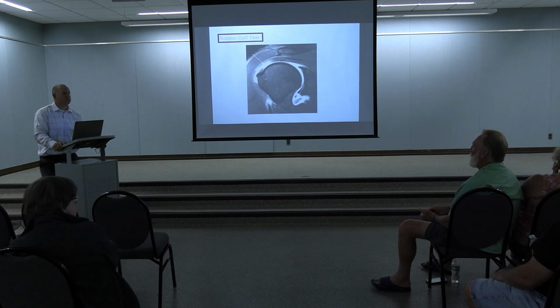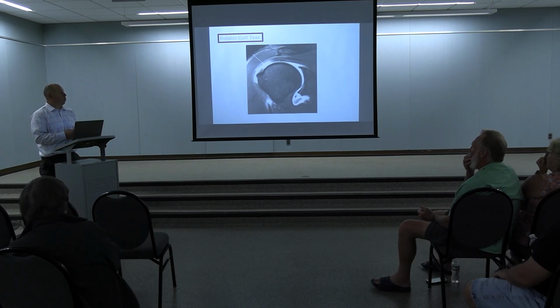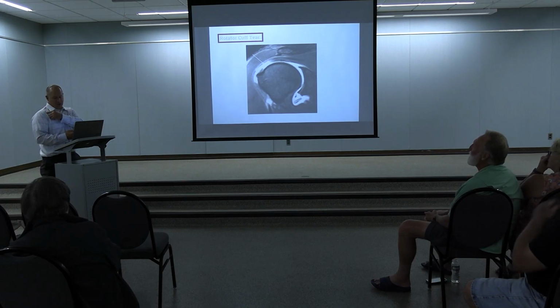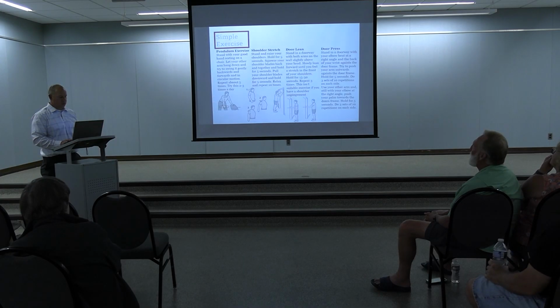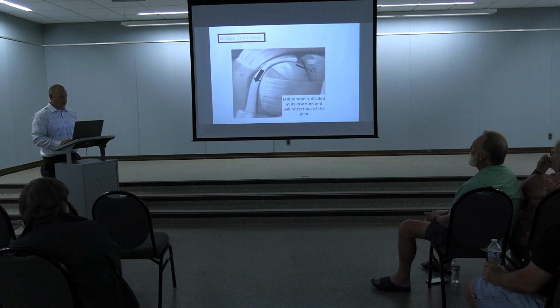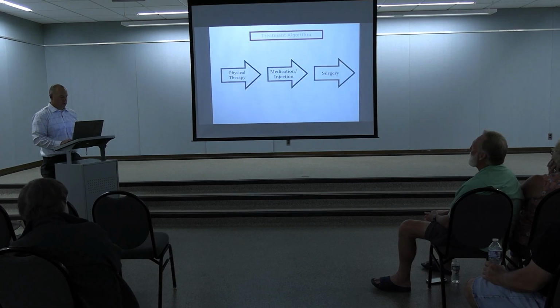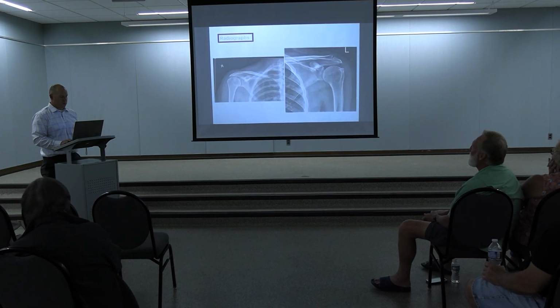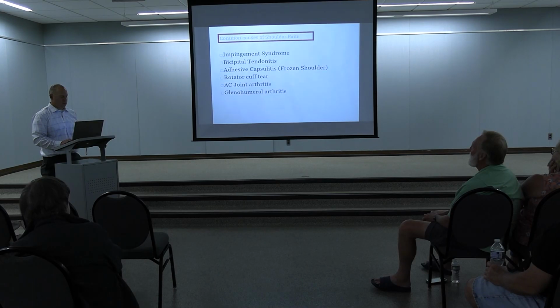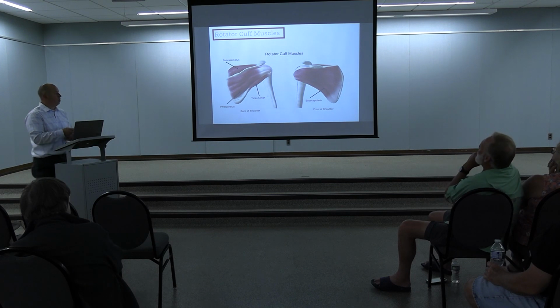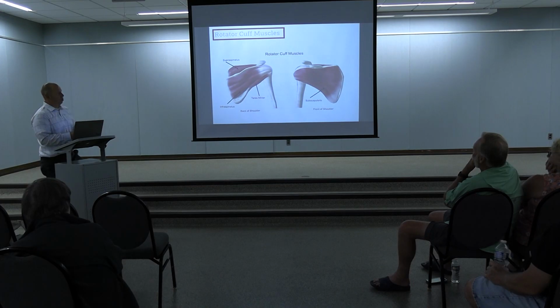What's the process of that arthroplasty? How does that surgery work? So with that surgery, what we do is we typically make an incision in the front of the shoulder. Looking at the rotator cuff, at the front of the shoulder, we'll make an incision.